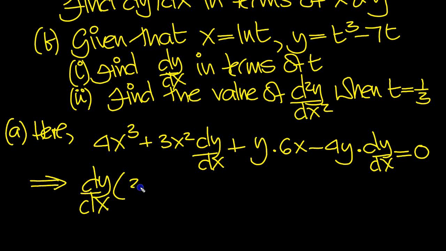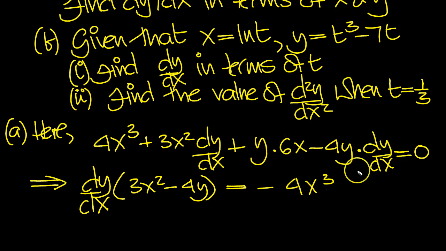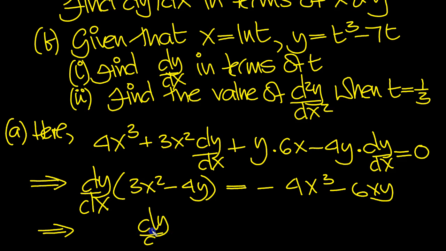We've got 3x squared here. We've also got a minus 4y is equal to, and then move this and this over the other side. So move this over, minus 4x cubed, minus 6xy. And now we can move this object here from times down to divide to give dy/dx.